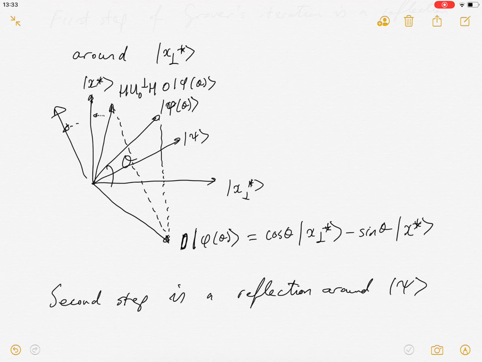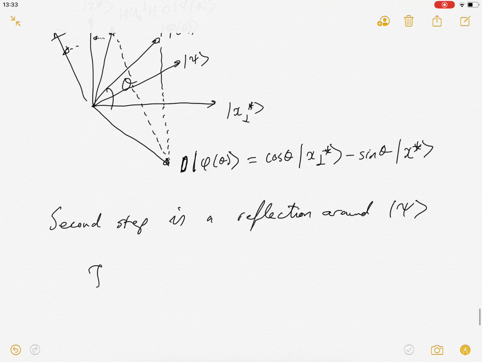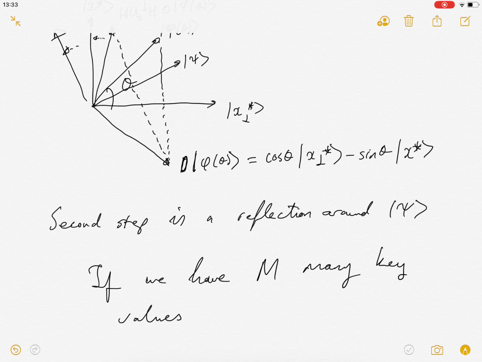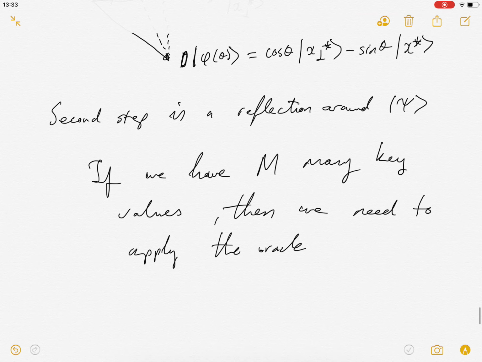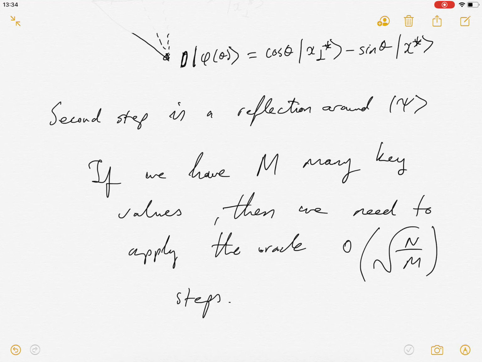But for an n-item search problem, if we have m many key values, then we only need to apply the oracle square root of n divided by m steps. So in any case, the speedup is quadratic.